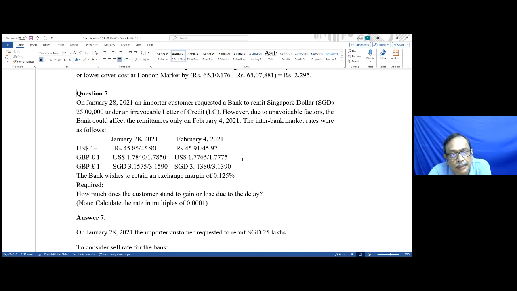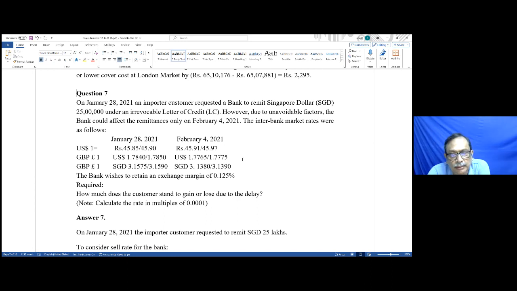The Great Britain pound 1 as on January 28, 2021, is Singapore dollar 3.1575 and 3.1590. And on February 4, 2021, Singapore dollar 3.1380 and 3.1390.